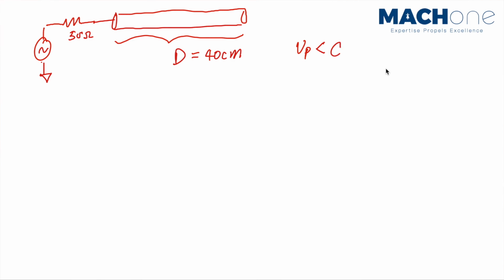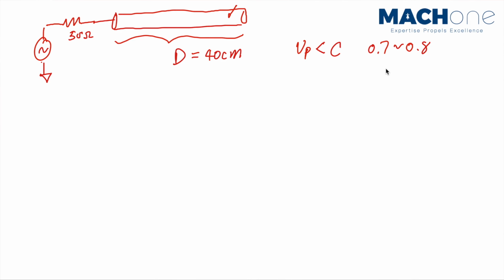Often, as a rule of thumb, I give it 0.7 to 0.8 as a ratio. So the wave action inside this transmission line is actually slower than the speed of light traveling in free space.